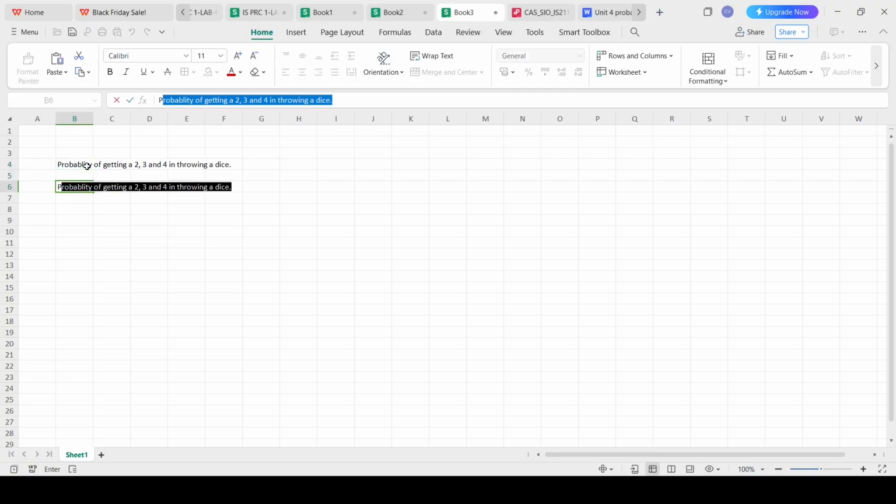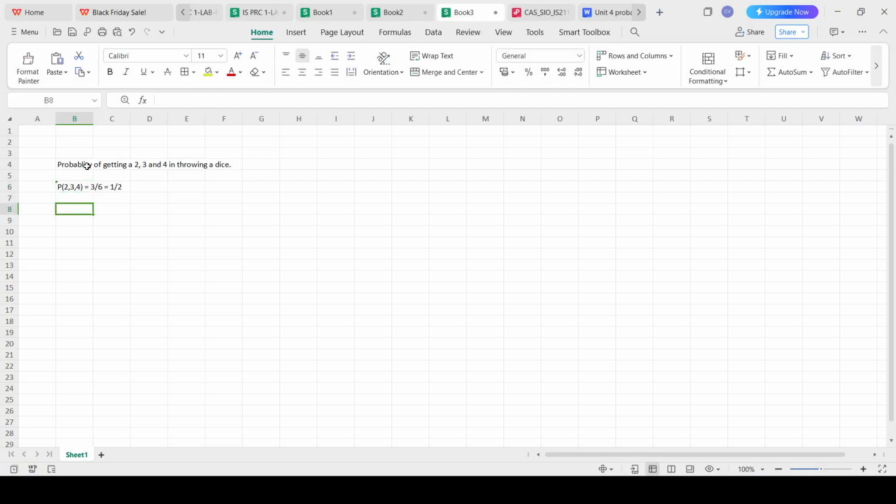You write P for your solution. You have P(2,3,4) equals, that's 3 numbers, 2, 3, 4, so 3 divided by 6, which is equal to 0.5 or 1 over 2. So this is 1/2, guys. I hope you get it right.